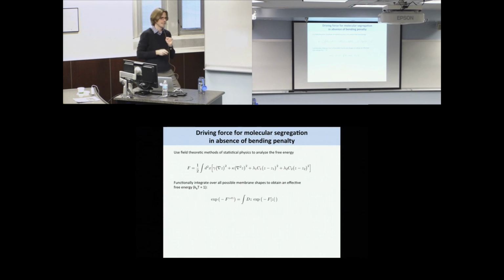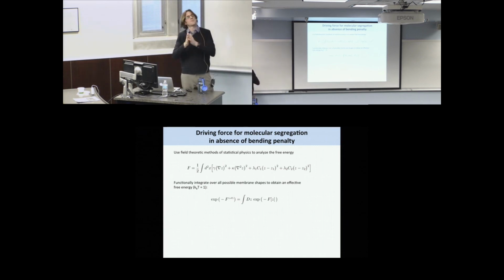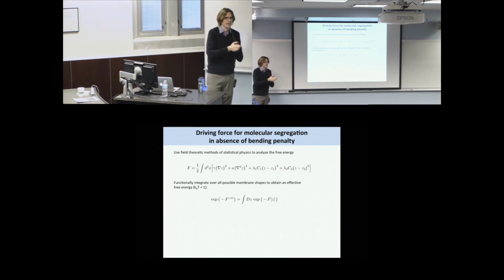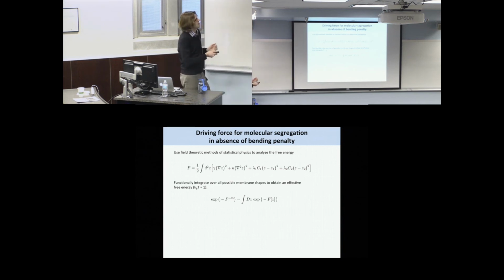Physically, imagine we don't want to keep track of the shape of the membrane anymore. This gives us a way to average over all possible membrane shapes in a way that's consistent with the energetics of the system. This effective free energy will only depend on concentrations. It will no longer depend on the shape of the membrane.